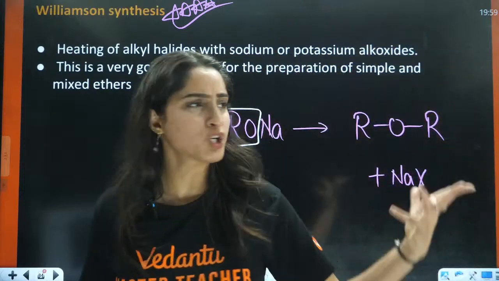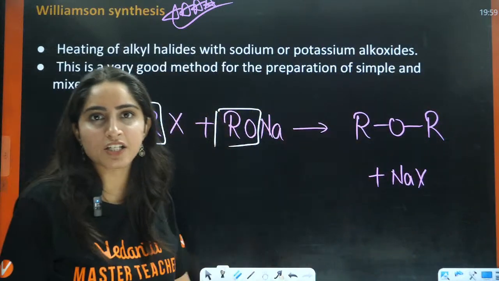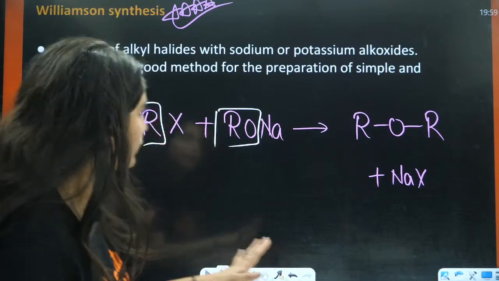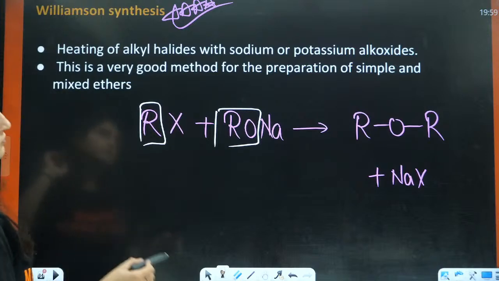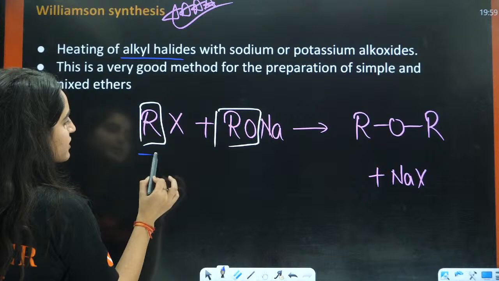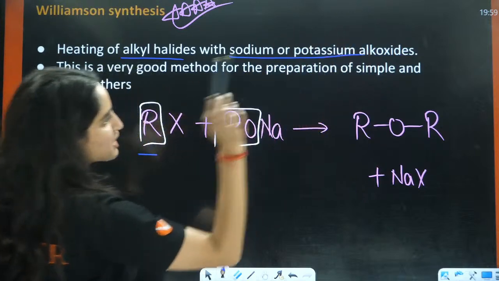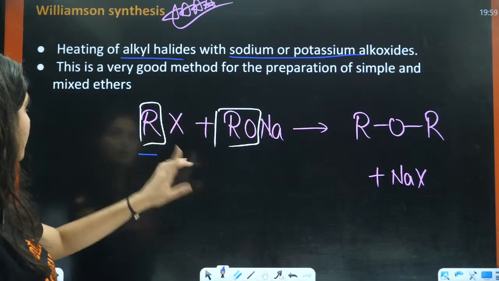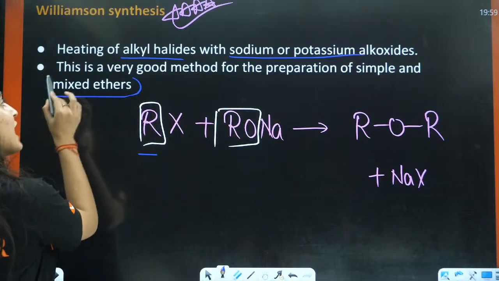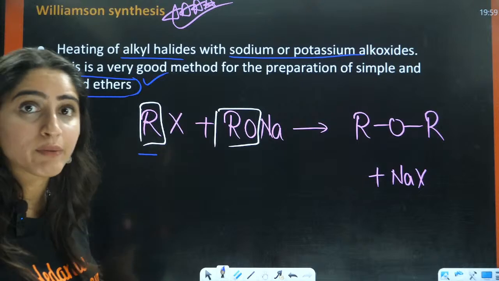It is a very, very simple reaction. It is done by heating alkyl halides with sodium or potassium alkoxide. It is a very good method for the preparation of simple as well as mixed ethers.